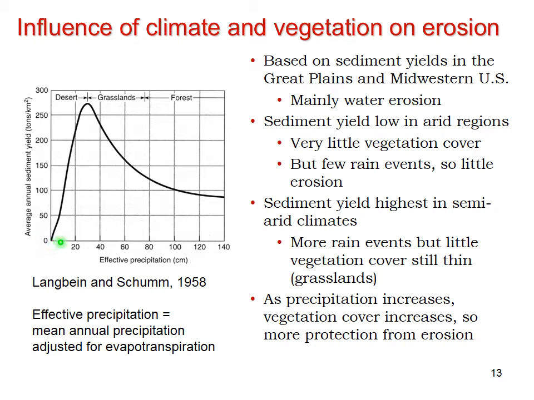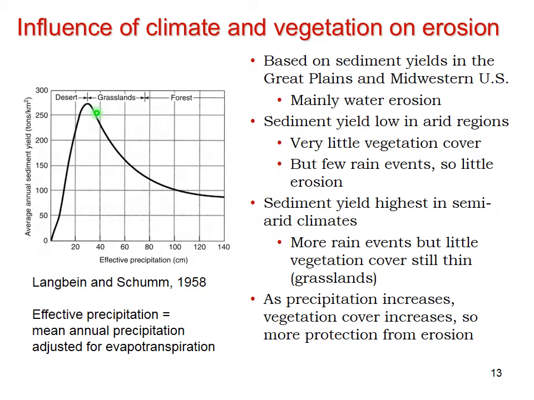As we move to the right and we get slightly wetter, we begin to have rain events. The vegetation cover is still pretty bare, so we have rain events on bare land, and we have high rates of sediment yield because of the lack of vegetation cover. So the semi-arid climates are sort of this part of the curve right in here.